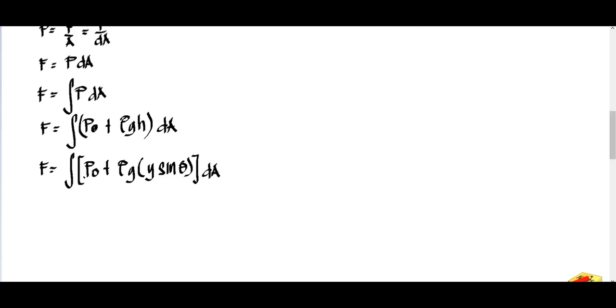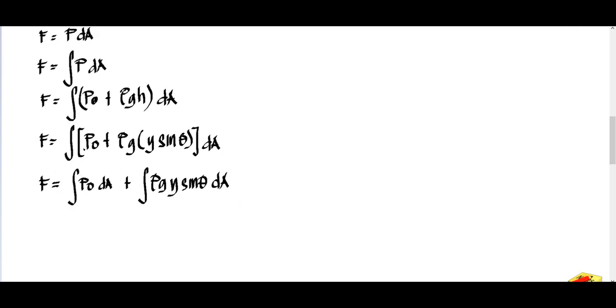Then expanding our equations and distributing the integration, this will become the integration of your atmospheric pressure times your differential area, then plus the integration of density, gravity, then you have your y sine of theta, differential of area.